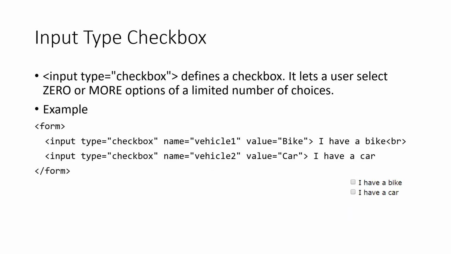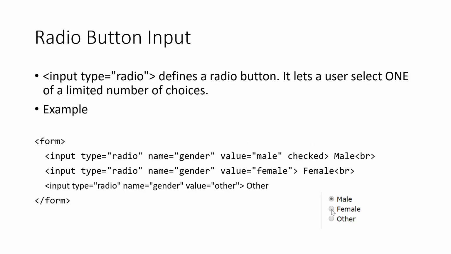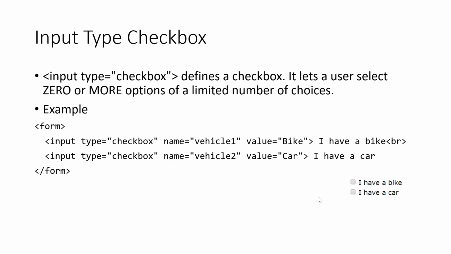Next, you can have checkboxes. Now in the radio button, you can have only one choice. You cannot have multiple choices, either male, female, or other. Checkbox, on the other hand, lets us set multiple values, right? That means we can select more than one checkbox. You can click more than one box at a time.